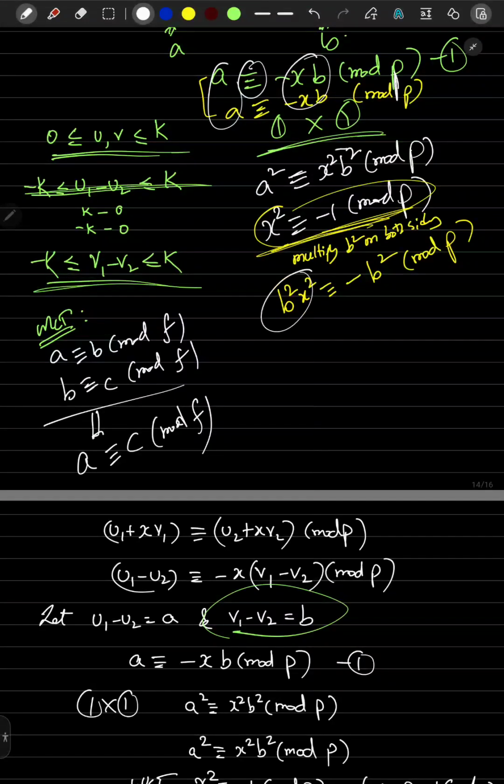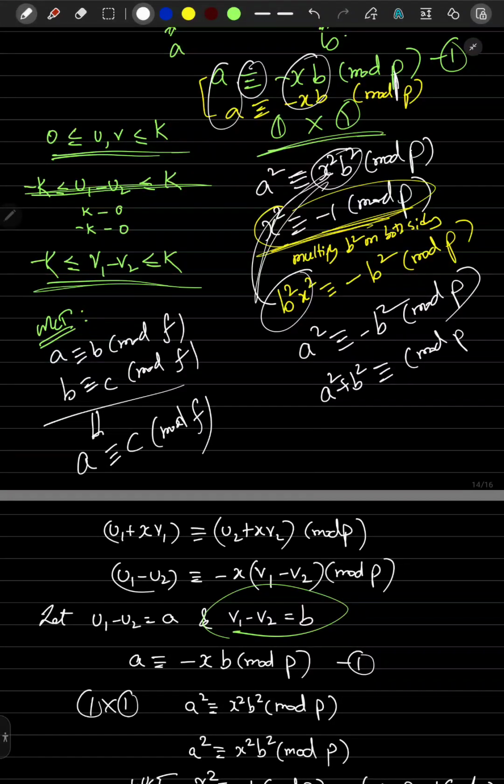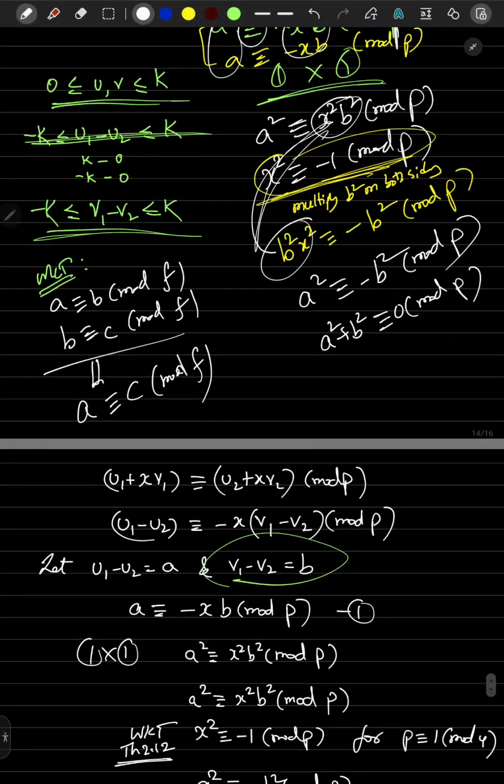Similarly, can I write this? So a square plus b square is congruent to 0 mod p. From this, what can we write? p divides a square plus b square.